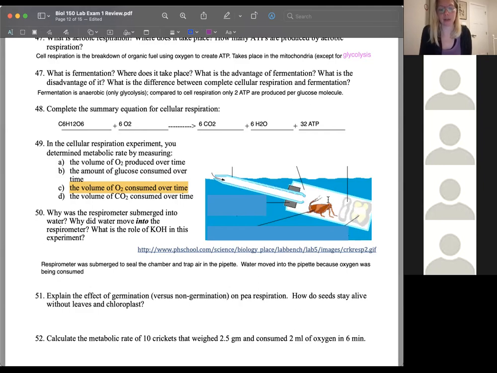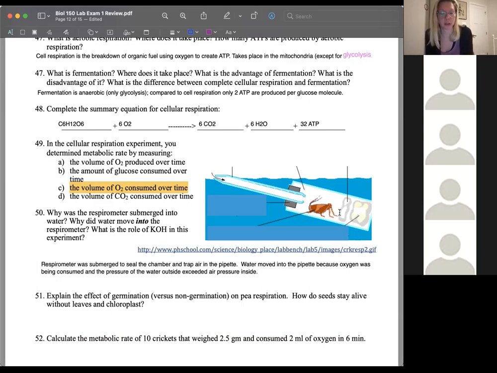And basically as the gas was being used up, the pressure inside here was decreasing enough so that the pressure of the water outside could push into the pipette. Let's say the pressure of the water outside exceeded air pressure inside. Okay, so the water is able to push in as that oxygen was being consumed by the little cricket.